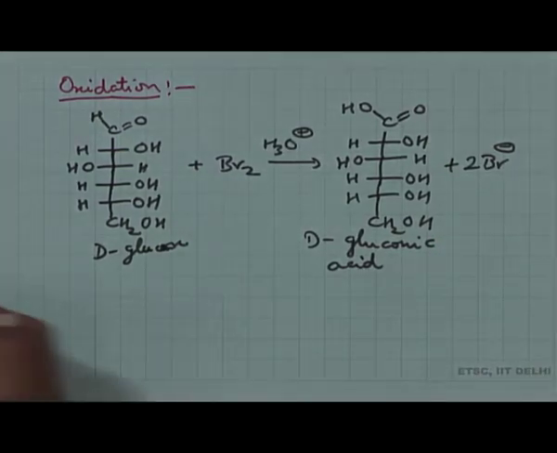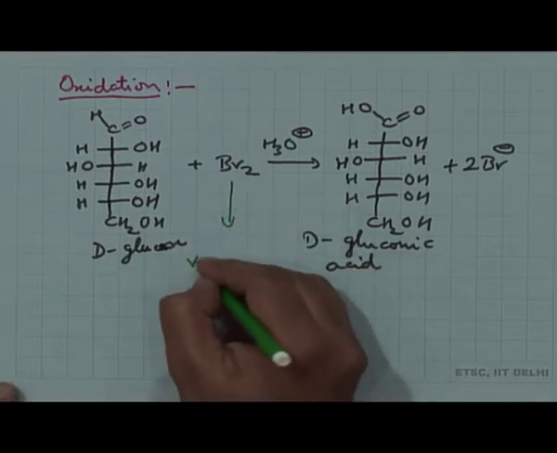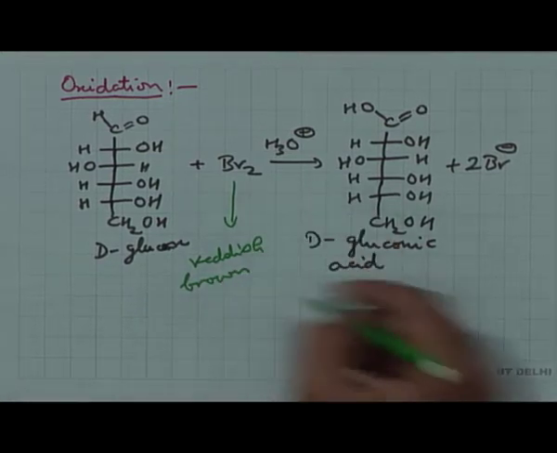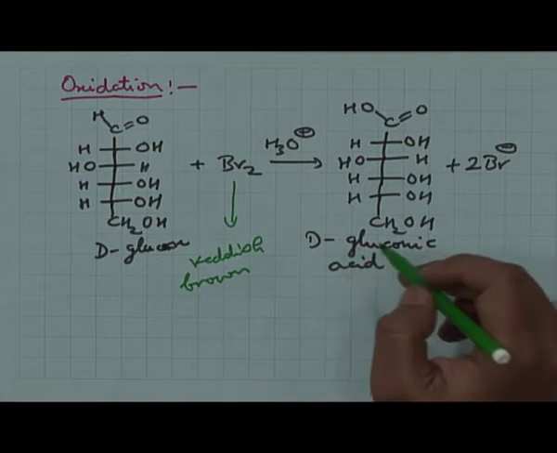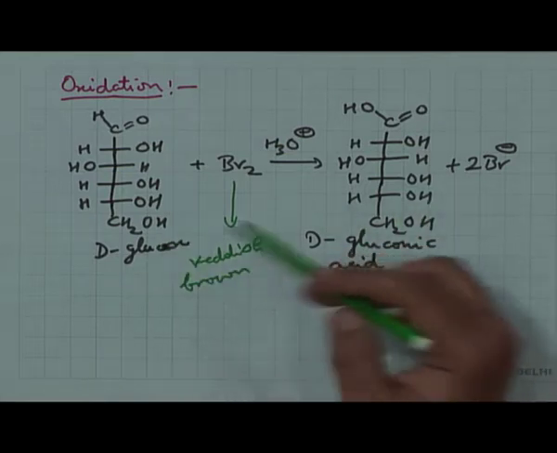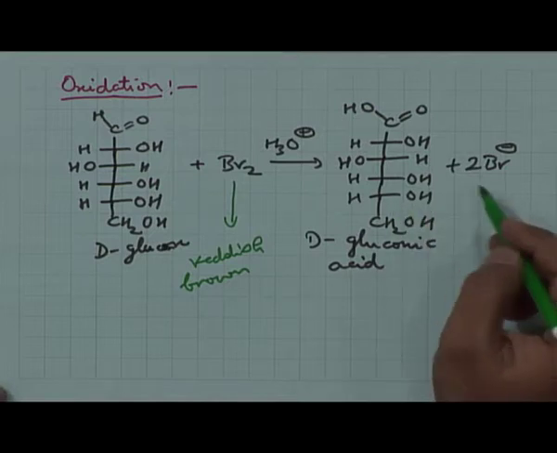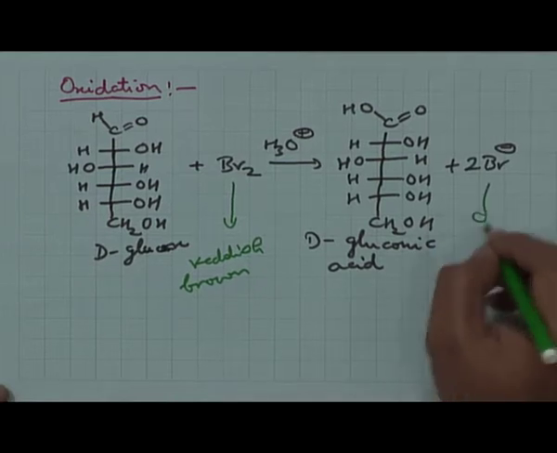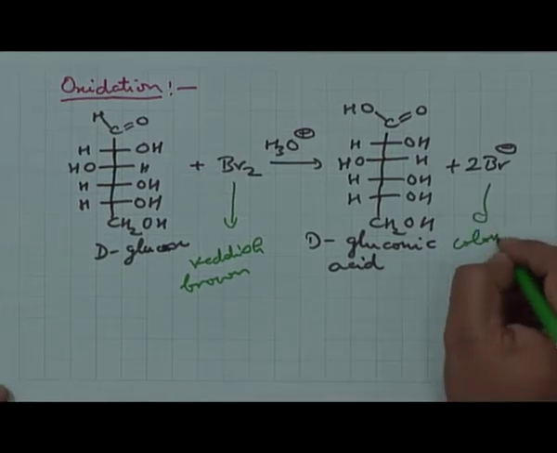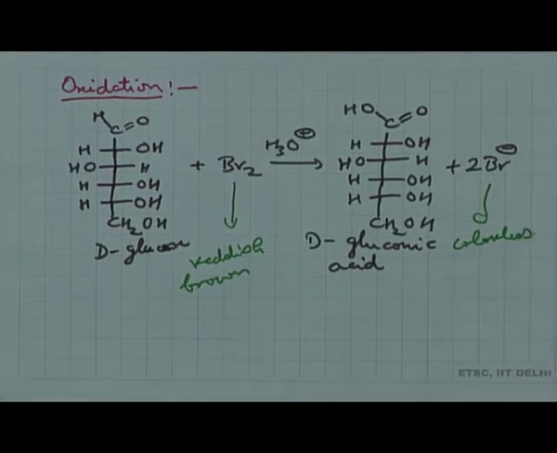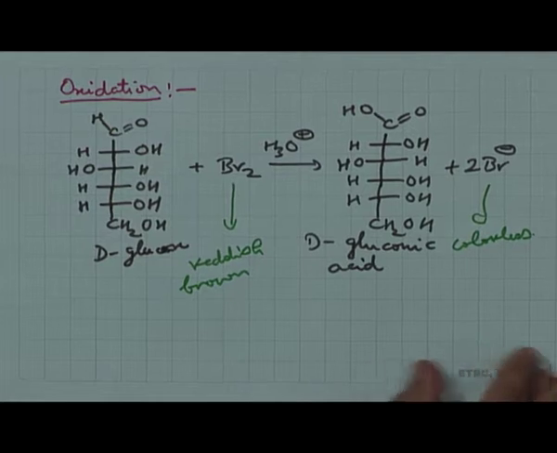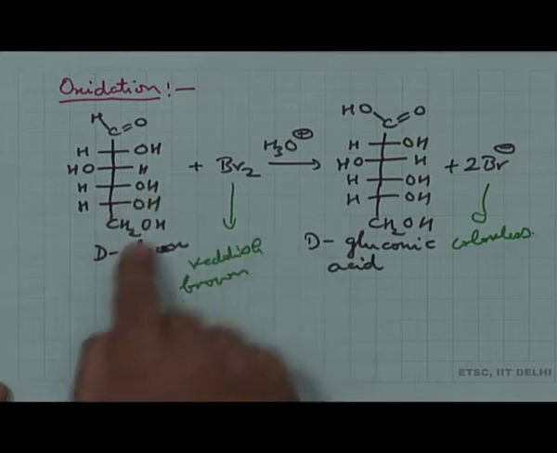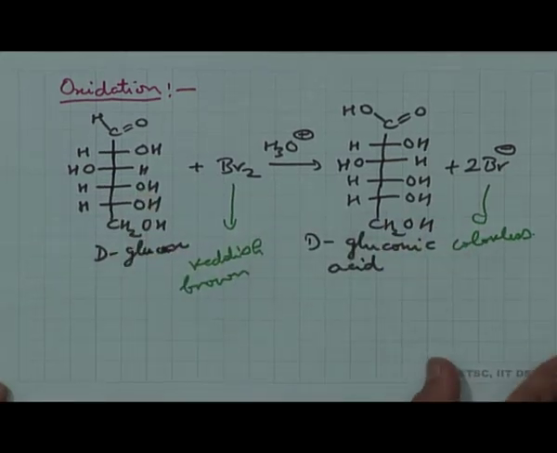So, the reddish brown color of bromine, after the oxidation of monosaccharide glucose to gluconic acid, because it gets converted to bromide, will disappear, it will become colorless. Basically bromine is getting reduced to bromide and glucose is getting oxidized to gluconic acid.